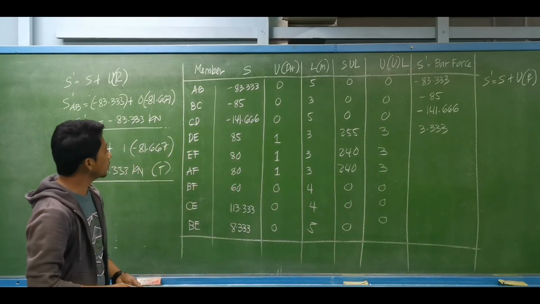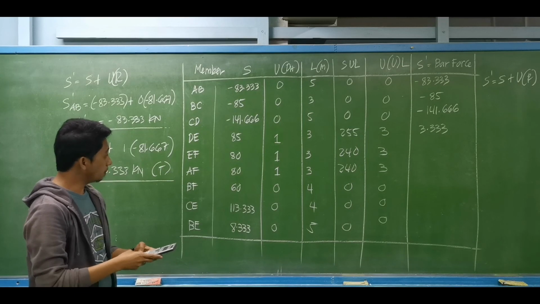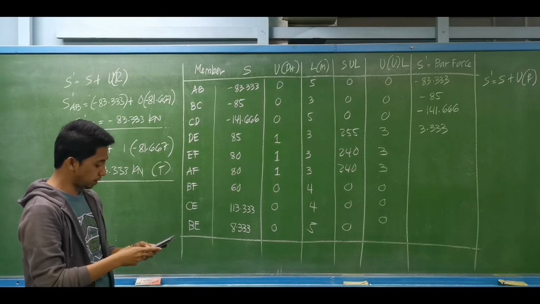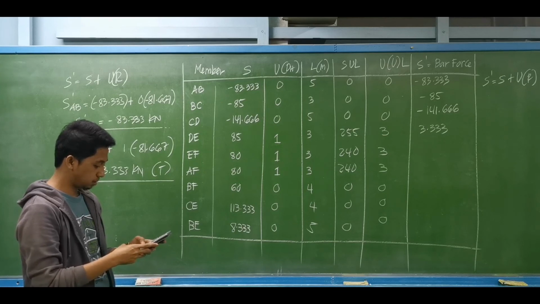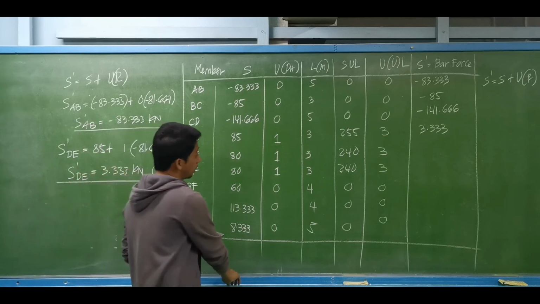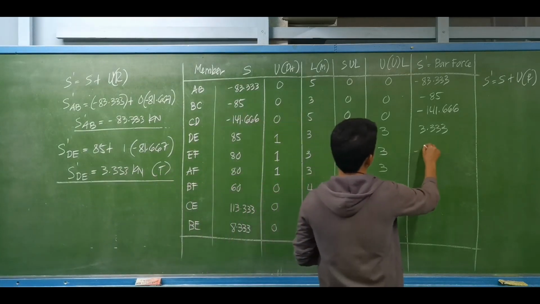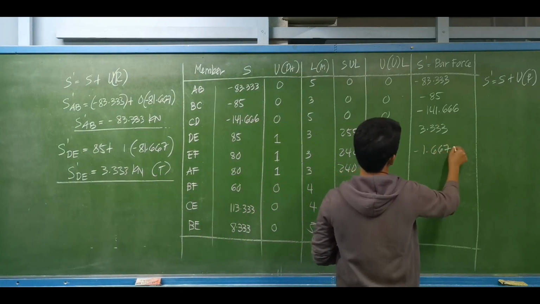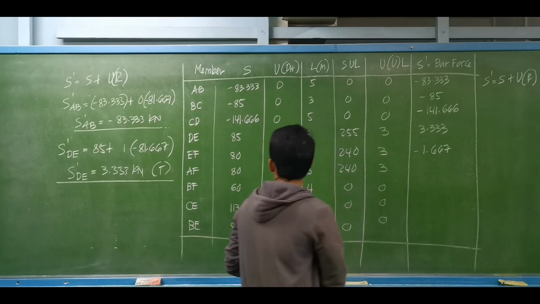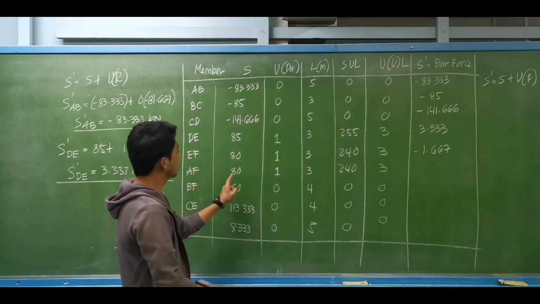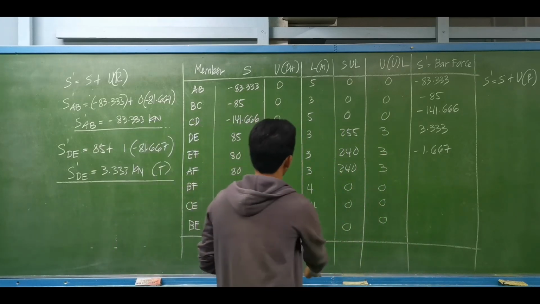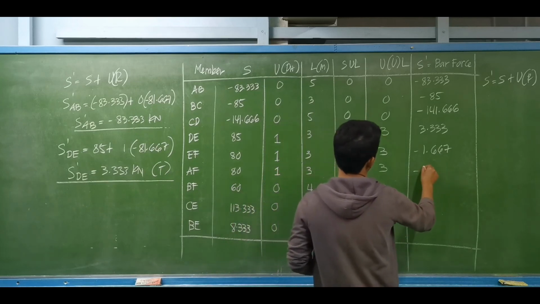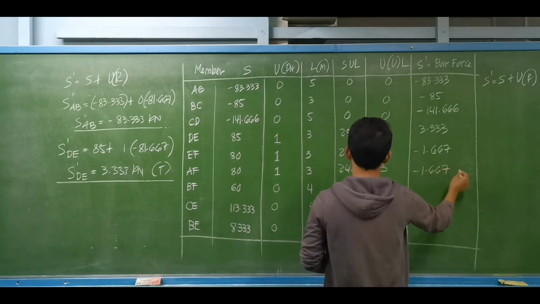How about member EF? For EF, we have 80 plus 1 times the redundant, negative 81.667, and it is equal to negative 1.667. For member AF, this is the same, negative 1.667.